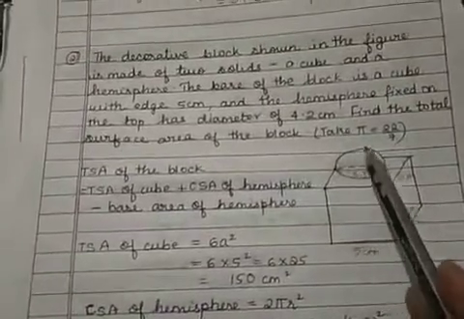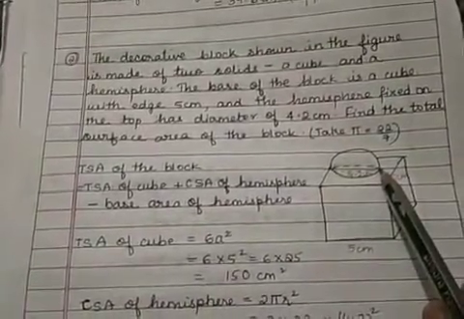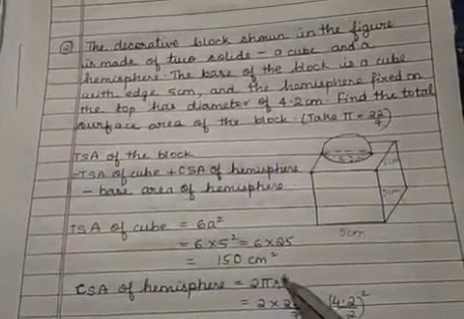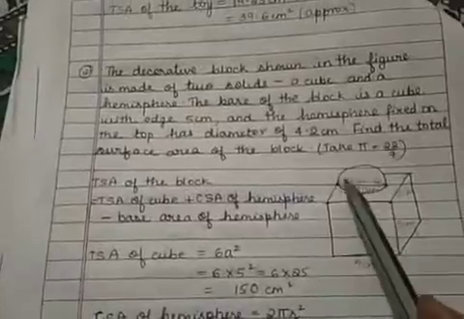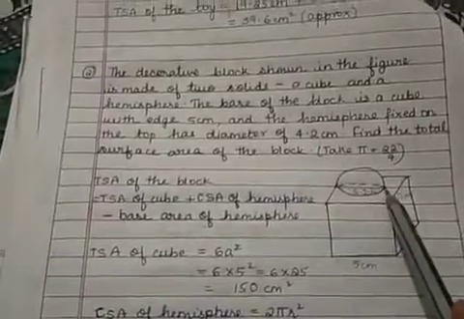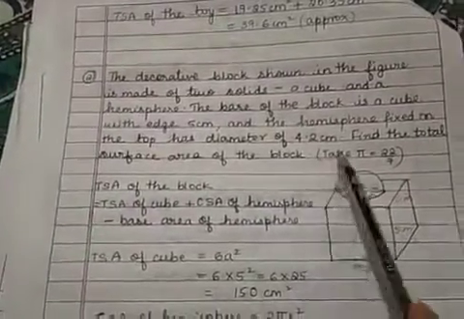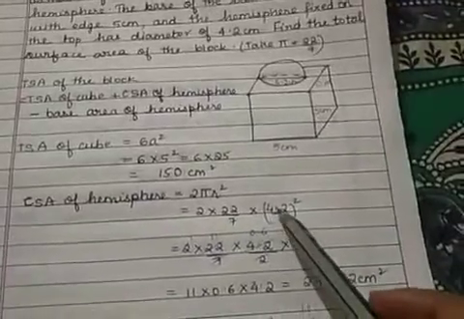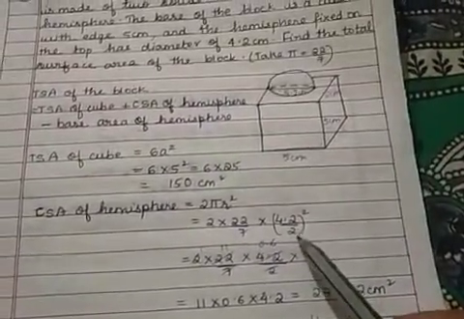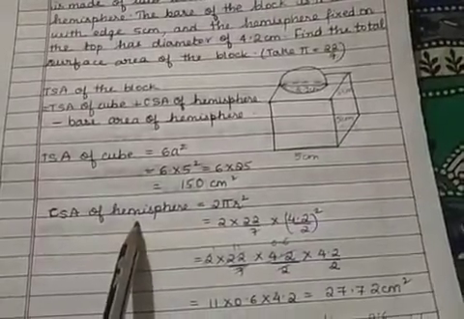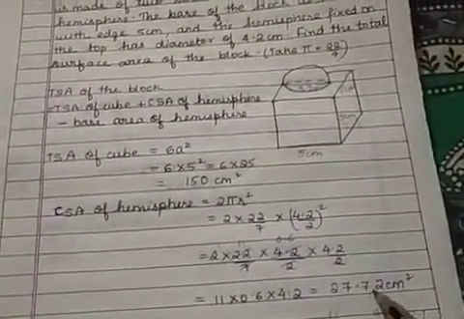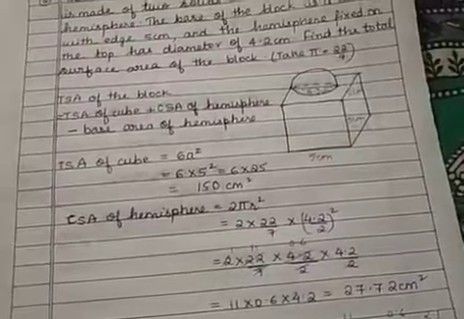And what is the formula for curved surface area of the hemisphere? It is 2 pi r square. Okay, since the diameter is given to you, which is 4.2 centimeters, radius will be 4.2 upon 2, and on simplification we get curved surface area of the hemisphere as 27.72 centimeters square.